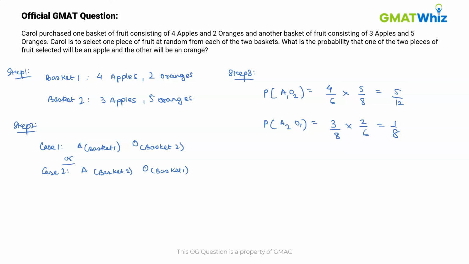Since we are using the term or, this implies that we have to add these 2 cases. So the required probability will be equal to 5 by 12 plus 1 by 8. Now taking the LCM, we get 24. This gives us 10 plus 3, which is 13 by 24, which is option E.